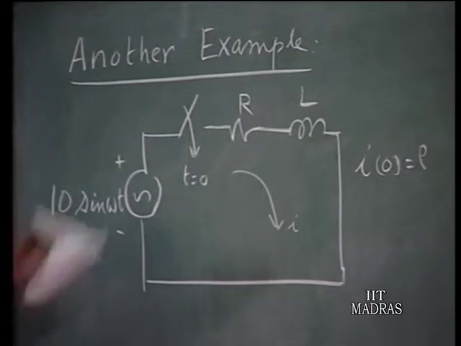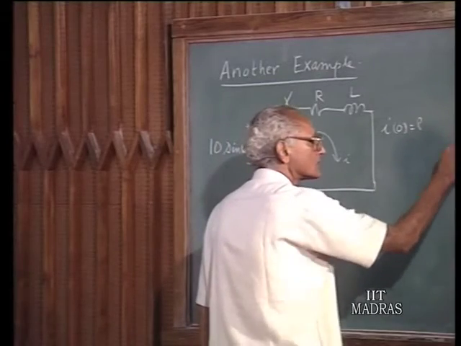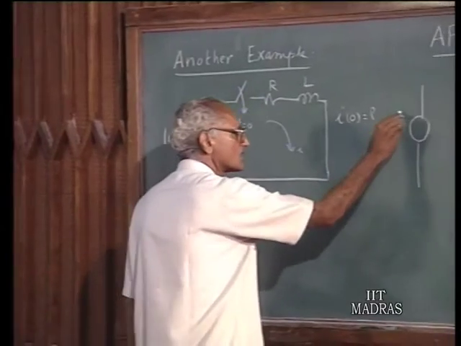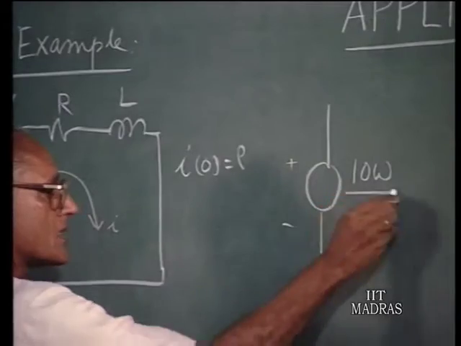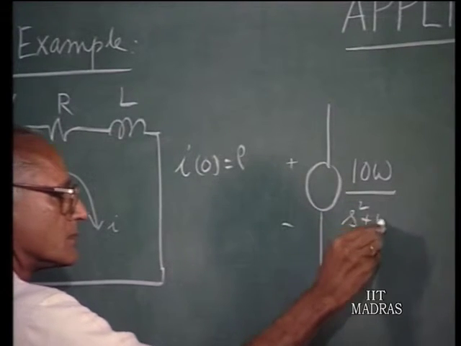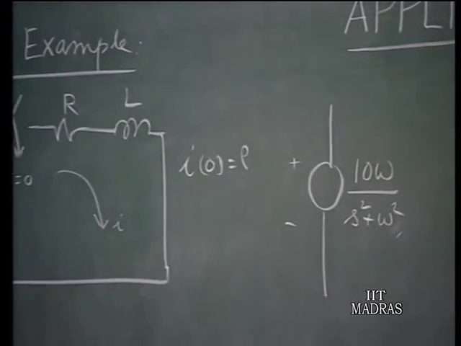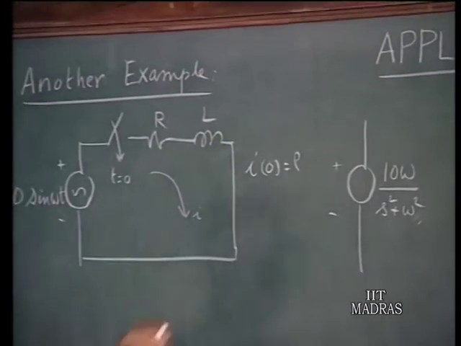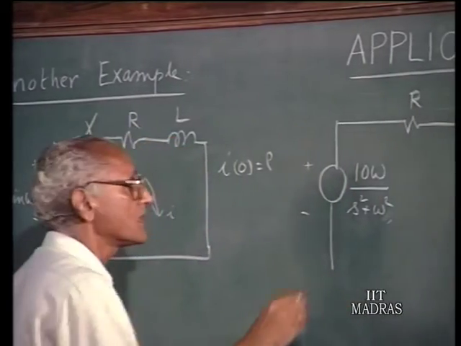So, we make the transform diagram for this. The voltage source has a transform 10 omega over S squared plus omega squared. That is the Laplace transform of 10 sin omega t, and you have a resistance R, that is the generalized impedance of this.